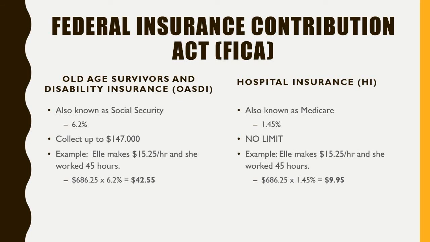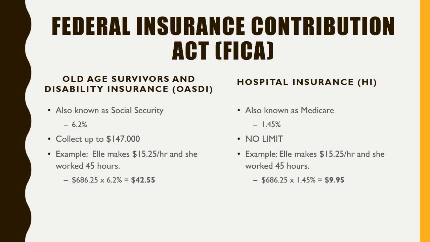Meaning, this is their Social Security and this is their Medicare. That means the employee is responsible to pay into their own Social Security and their own Medicare, so that when they retire, the federal government can pay them back, because it's more or less like savings for the future.